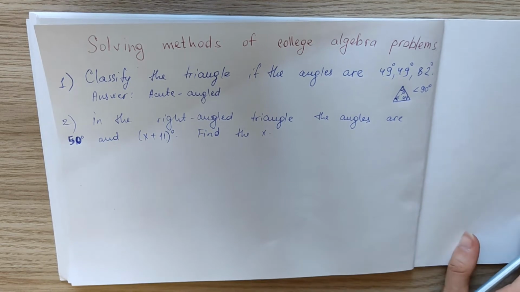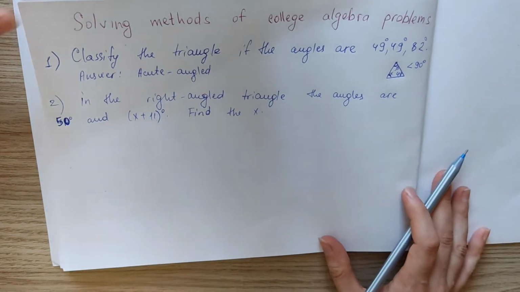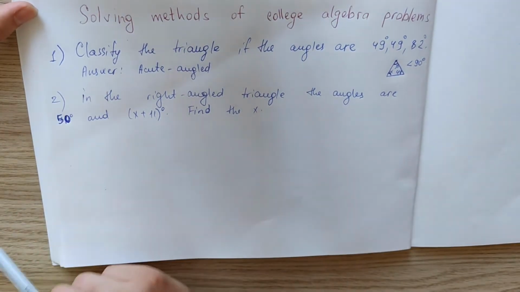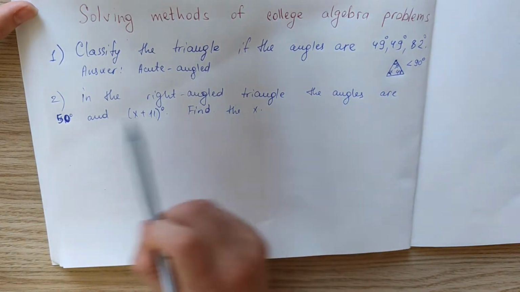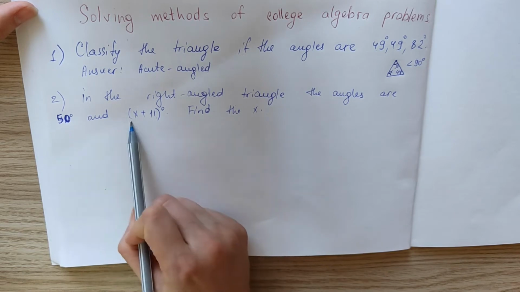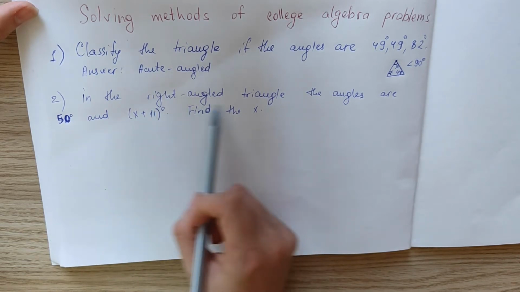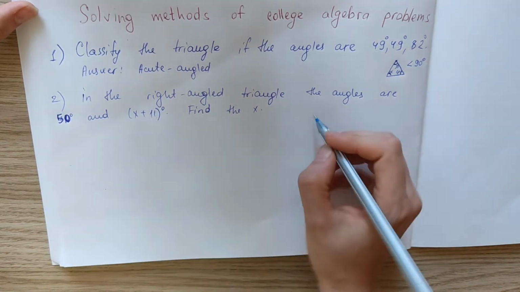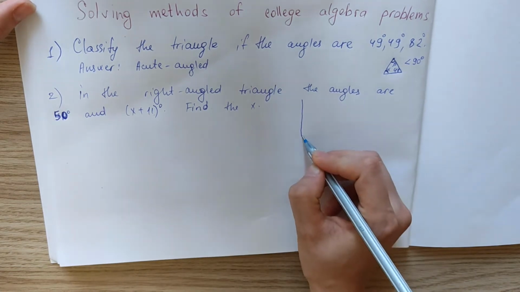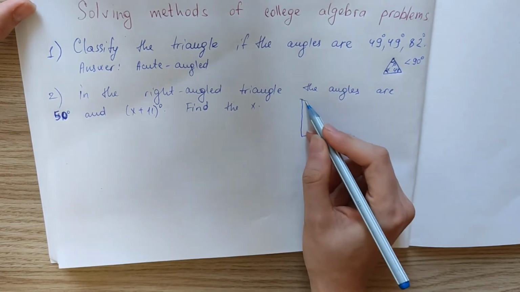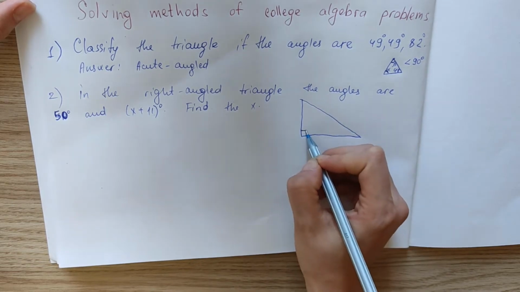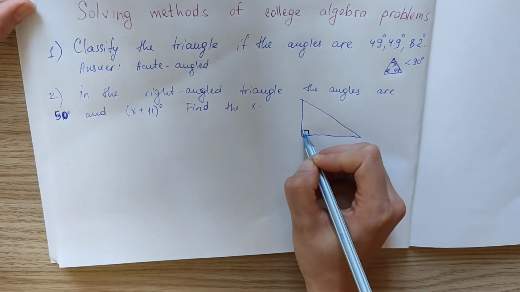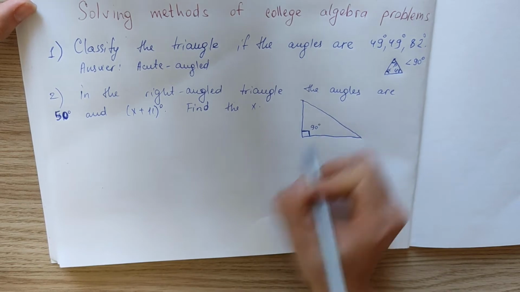So let's continue. Second question. In the right-angled triangle, the angles are 50 degrees and x plus 11 degrees. Find the x. So let it be our right-angled triangle. You know that in the right-angled triangle, this angle is 90 degrees.